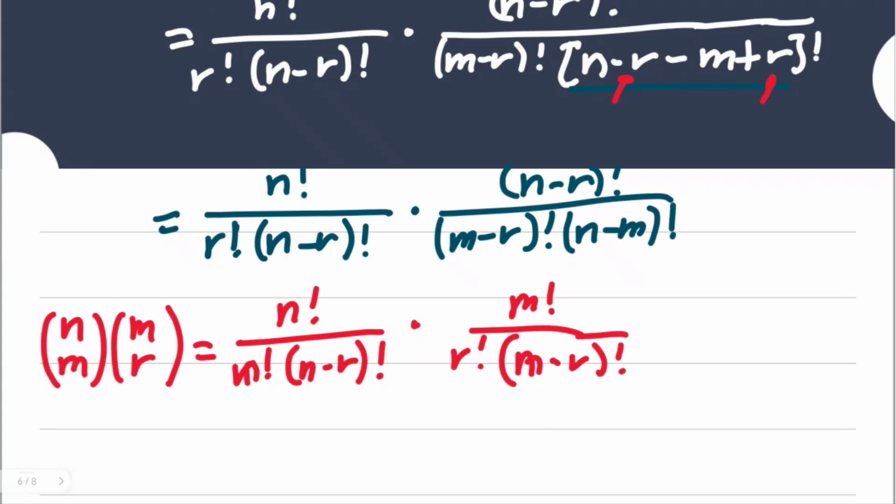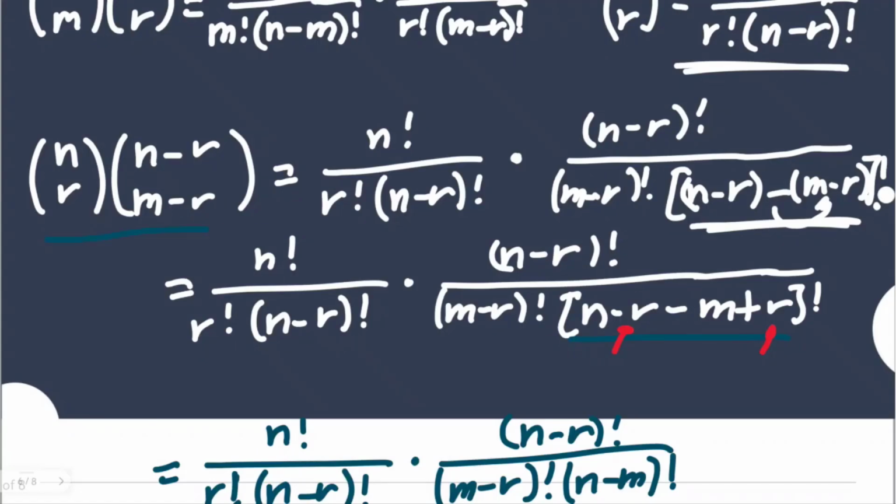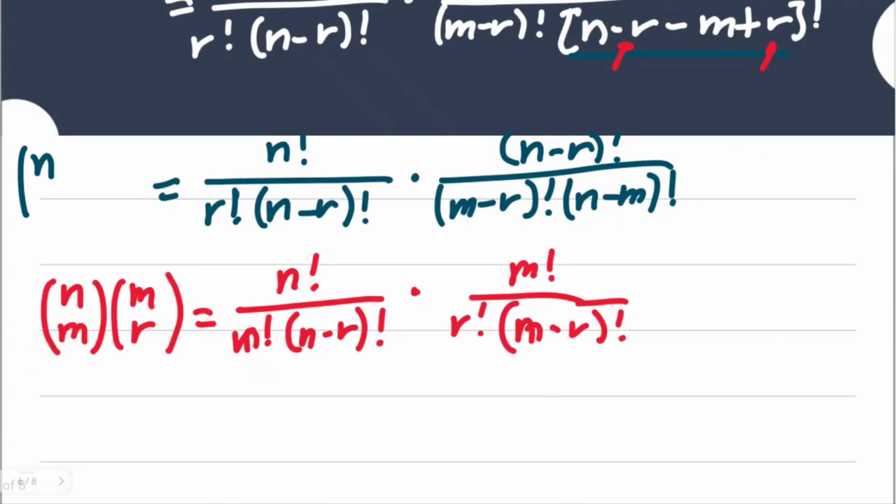Take note that this blue one here is the result of this. So you have n combination r times n minus r combination m minus r. We're trying to show that these two are just equal.